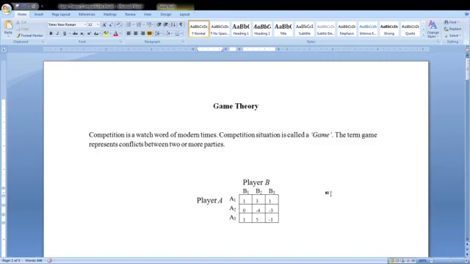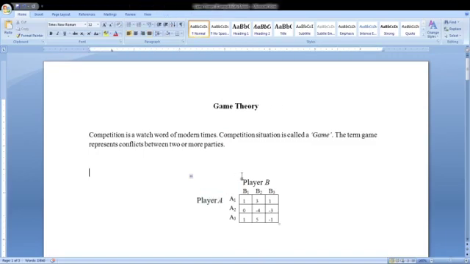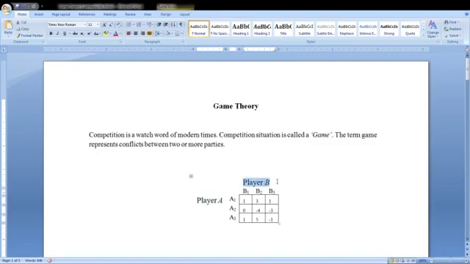Now, let us take a simple example where player A is a batsman, and player B is a bowler. Player A tries to score as much as possible; he wants to gain more runs. Player B is bowling, and he wants to reduce the runs given to the batsman.